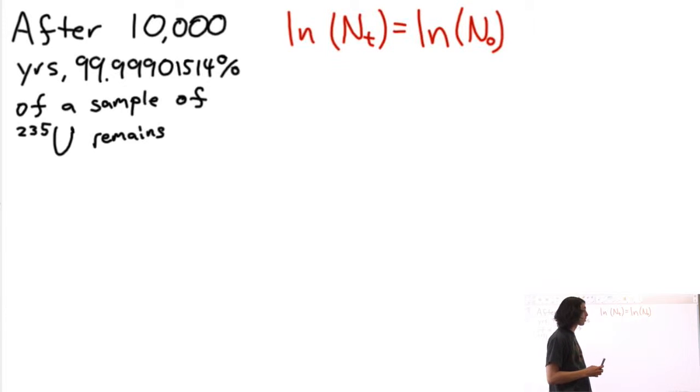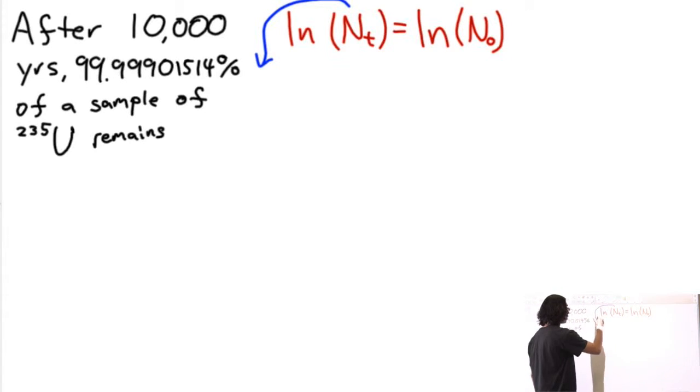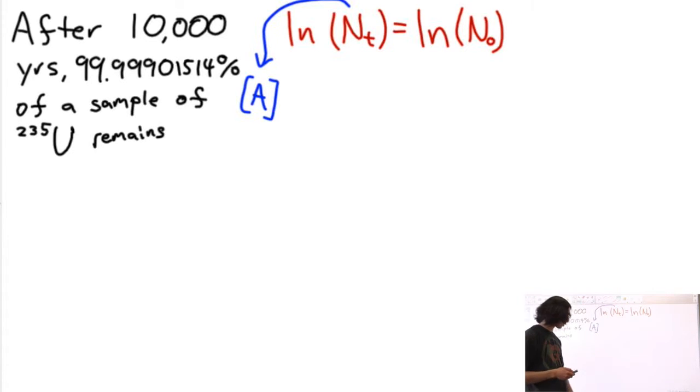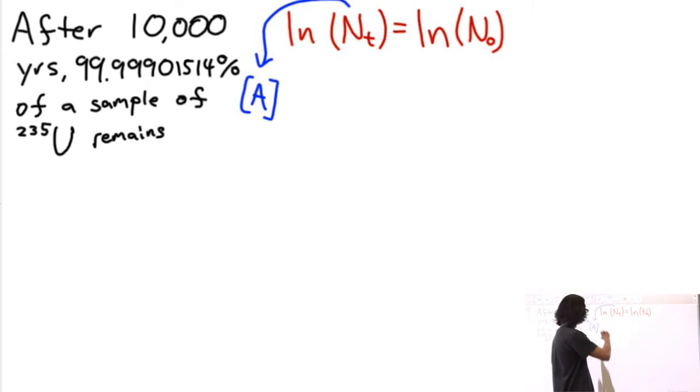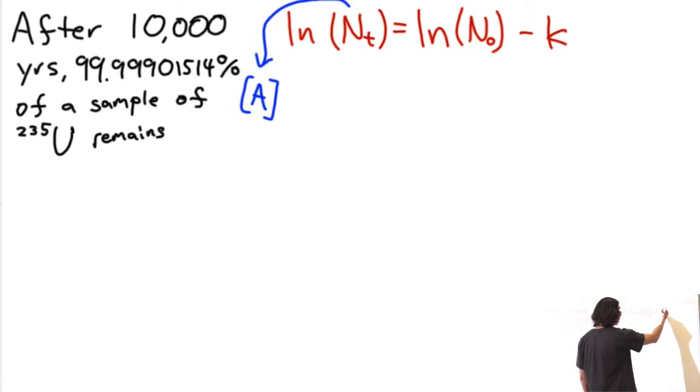It's important to note here that when you're doing this for radioactivity, you're going to use n, which is the count of particles. When you're doing this for chemistry, this is going to be a concentration, and you'll use these brackets to denote molarity or molality, whichever you're using. So let's finish writing this equation. This is minus kt.